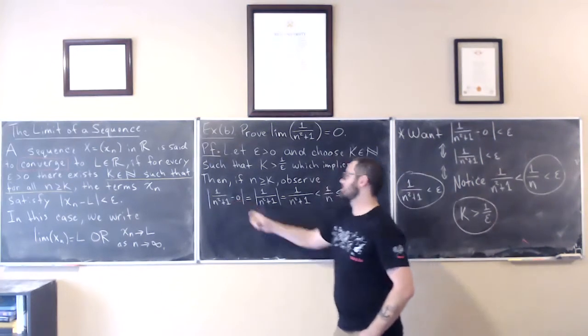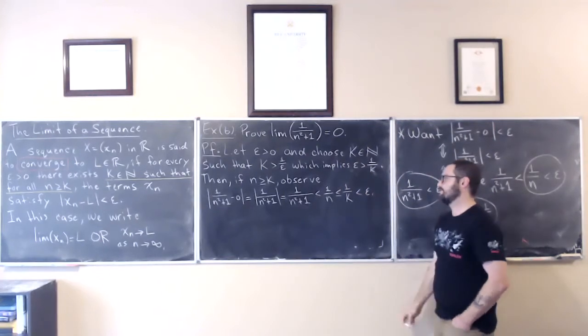So the sequence minus the limit is less than epsilon.